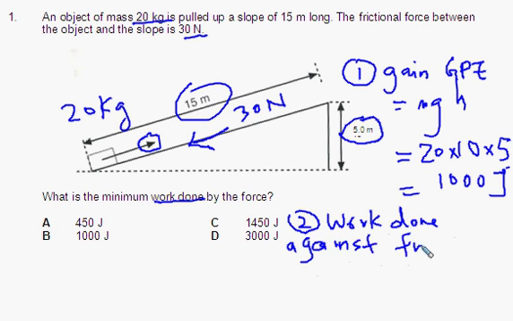Work done against friction is the force, which is 30, times the distance moved, which is 15. In this case, the answer is 450 joule.